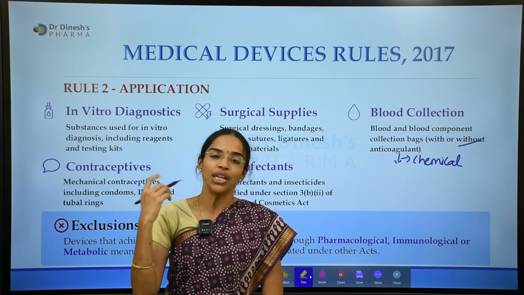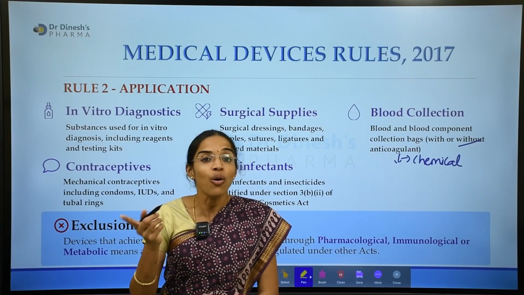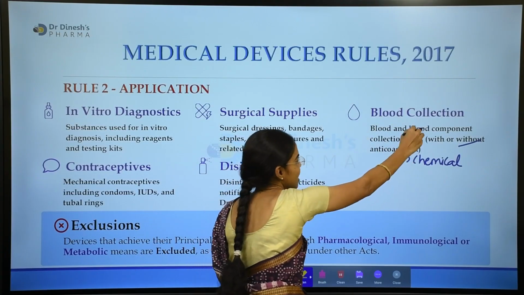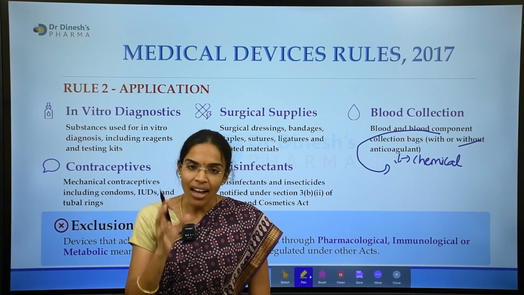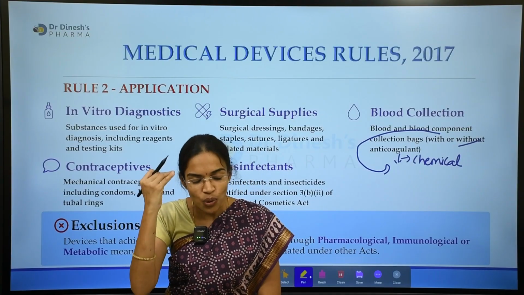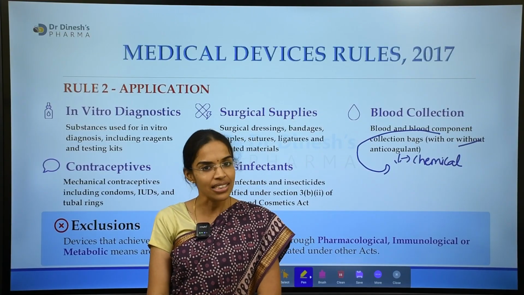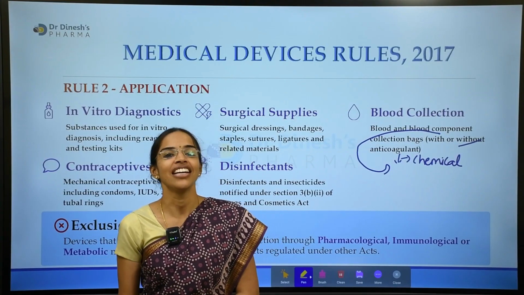If it is given into the body, then again it is not a medical device. But all this procedure, the component collection bag with an anticoagulant, is outside the human body. So it can definitely be considered a medical device.